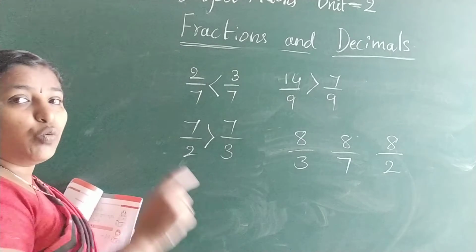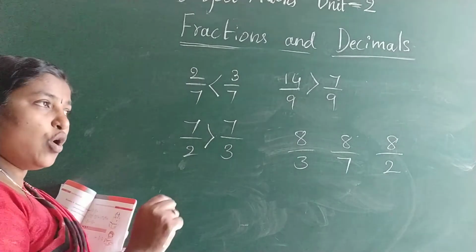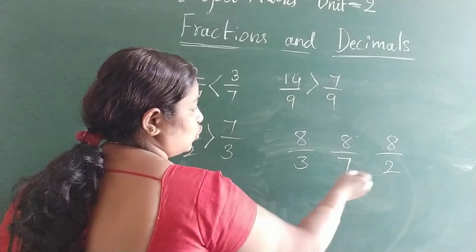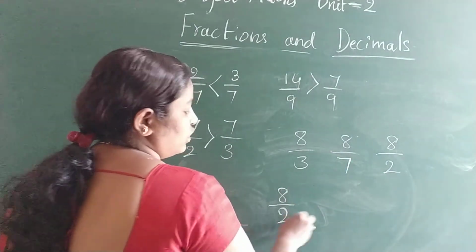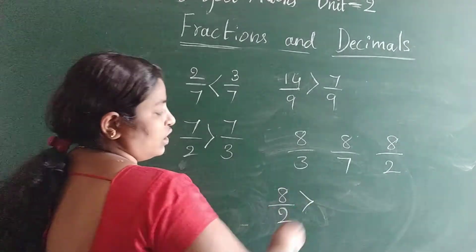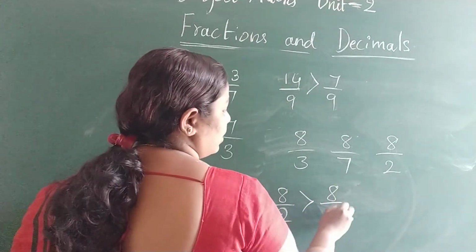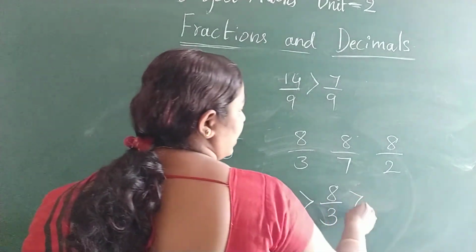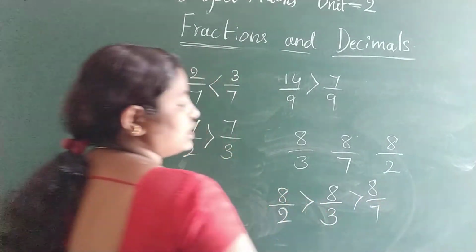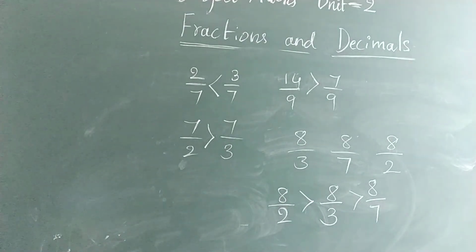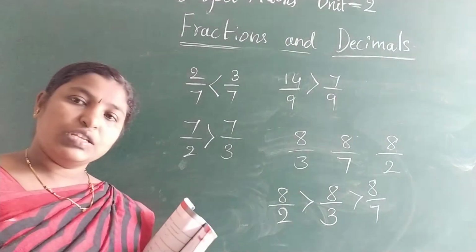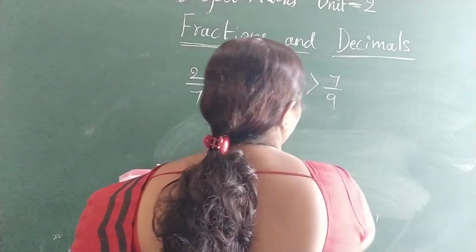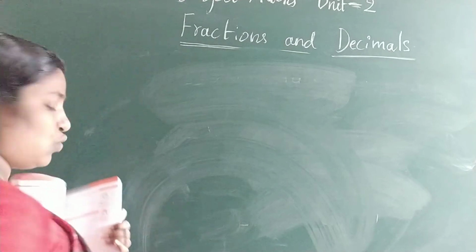In this case, whichever number is smaller, that fraction will be bigger. Here, 8 by 2 is the biggest. Next, 8 by 3 is smaller than 8 by 2. Again, 8 by 7 is the smallest in this. Okay, understood? If you know this, then only you will understand these questions.